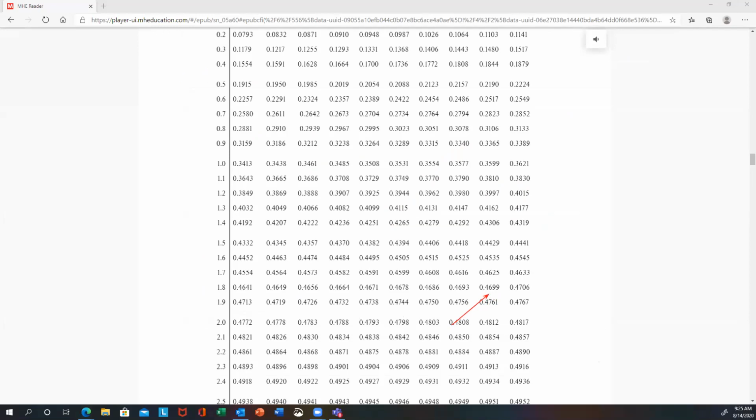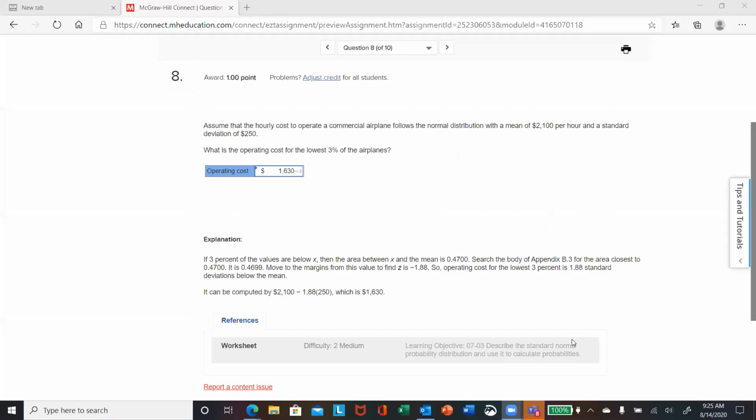So in that case, go back. If I know my z value is approximately 1.88, remember this is the lower curve, so you just have to put a minus in front of that. Go back to your formula, negative 1.88. Remember, z is equal to x minus mu over sigma.